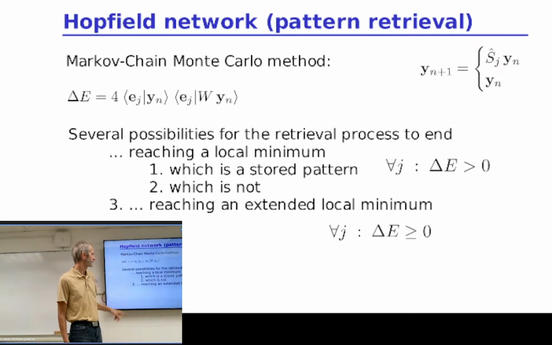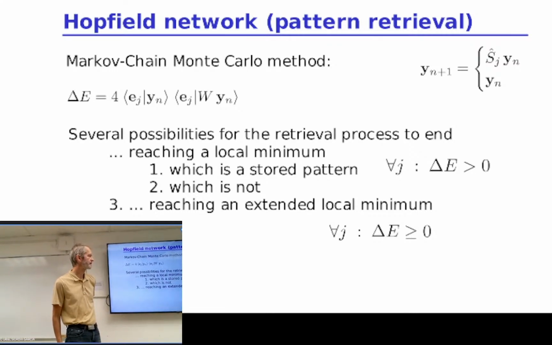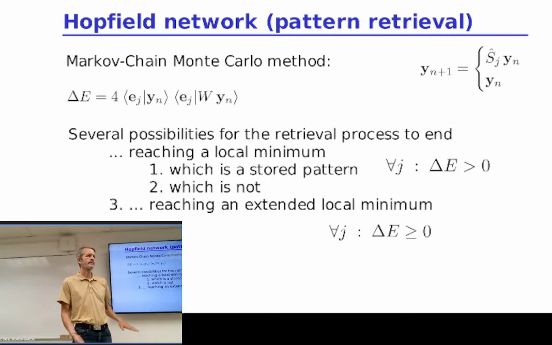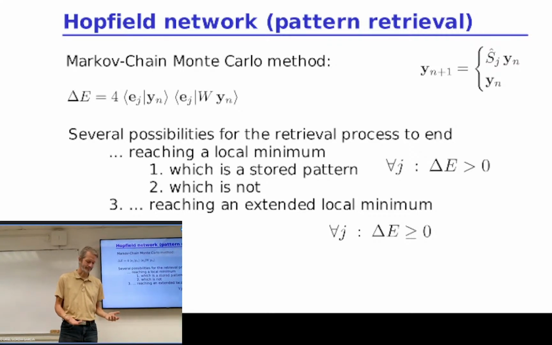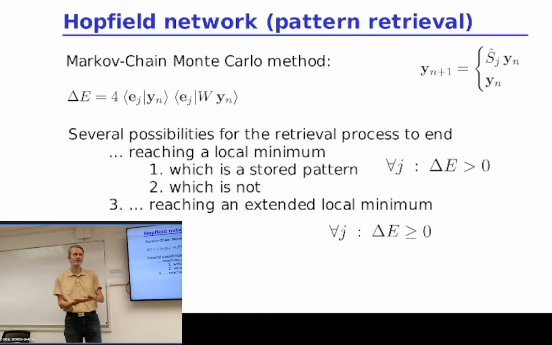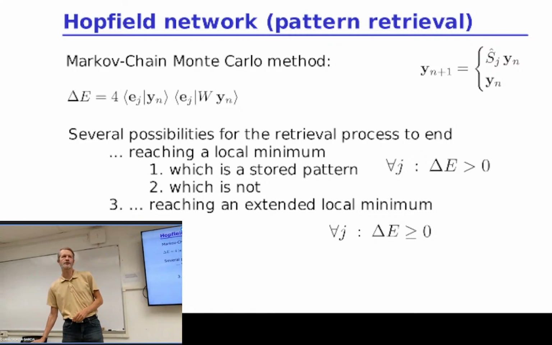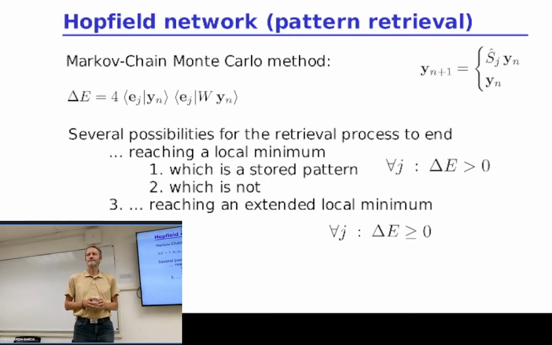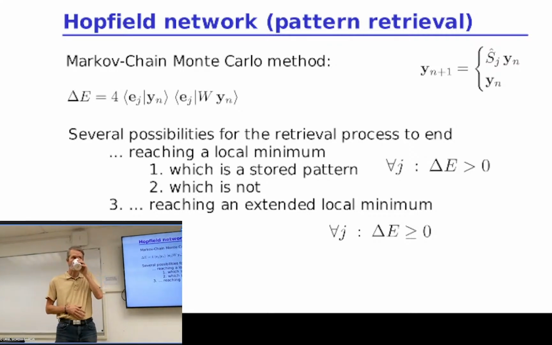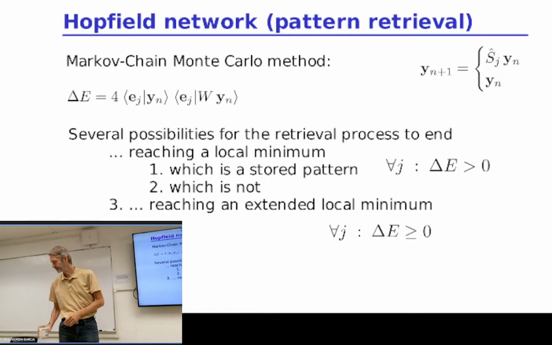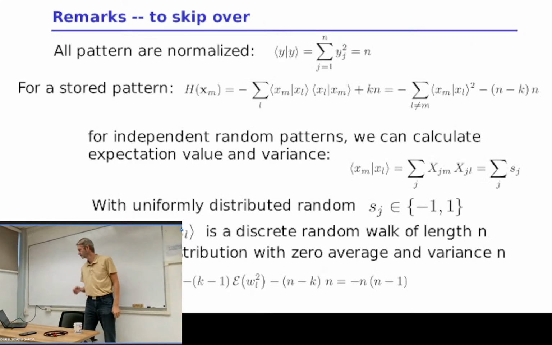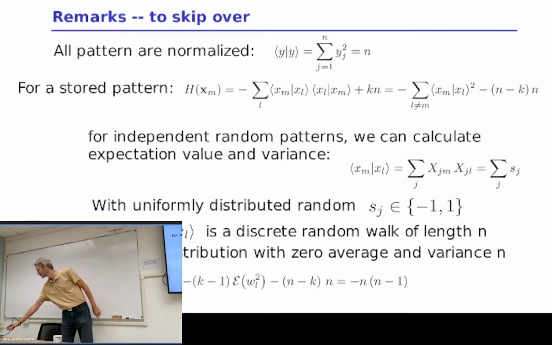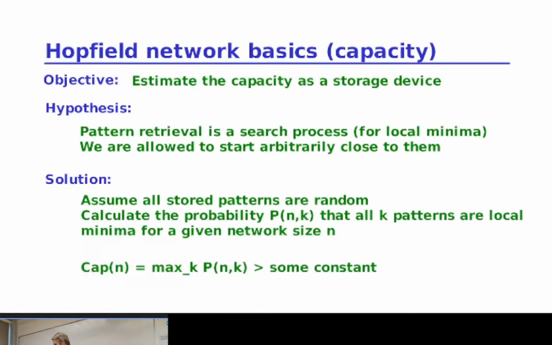And then there is another possibility that you reach an extended local minimum. So that's what's called a collection of configurations where the energy remains constant. Okay, this I don't want to explain.